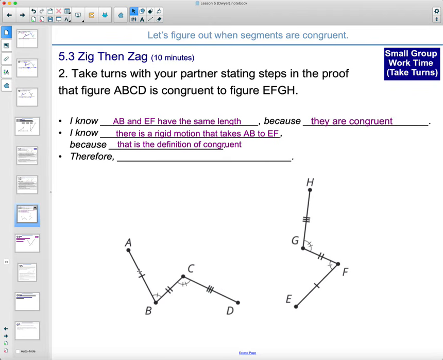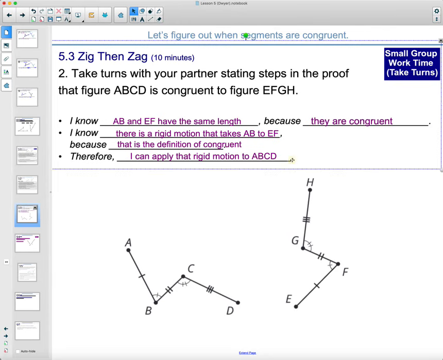So if I apply that, that's going to move AB to EF. So therefore I can apply that and move that one over. Now you've proven that AB is on EF. So what else do you know?